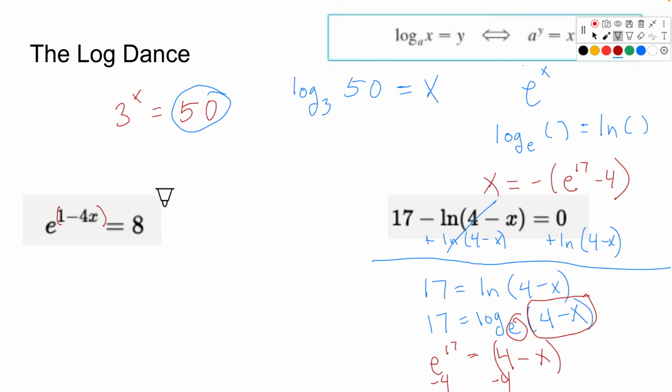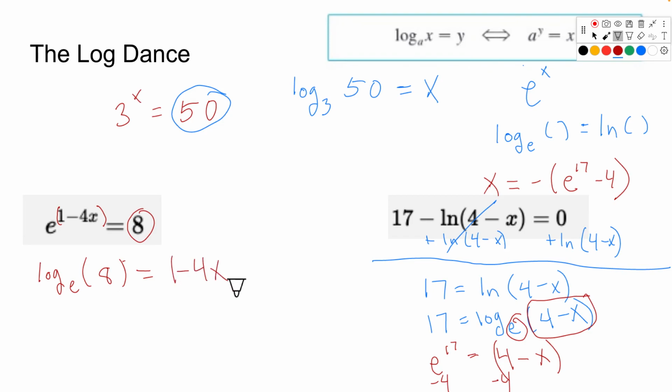So when we're doing the log dance, the thing that's by itself, which is the output of this function, is going to become the input of the other function. The other function, the inverse function of any exponential, is always a logarithm. The base of the exponential becomes the base of the logarithm, and then the exponent becomes the answer.